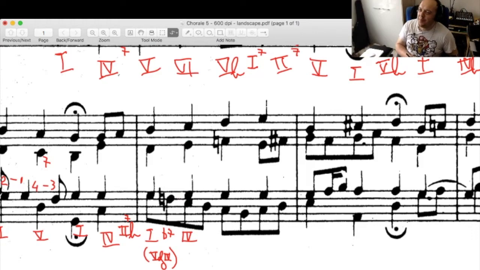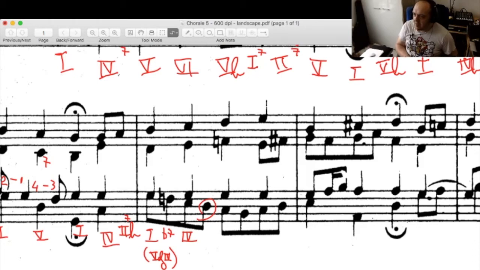Chord 4. Now that's a passing note, is it? That is a passing note. What happens here is, I have that F natural there. The chord here is a G7 as well. I have the G, the B, the D, and the F natural.